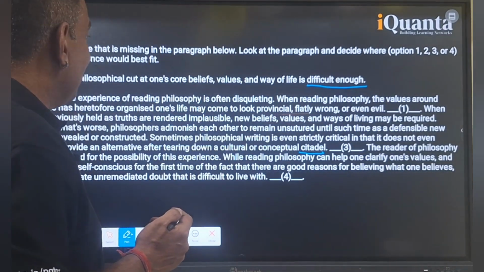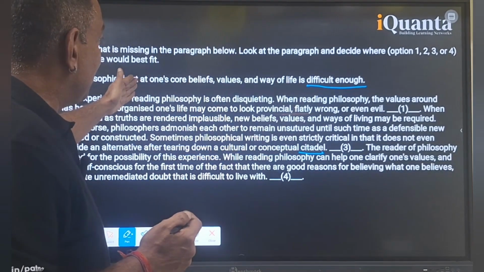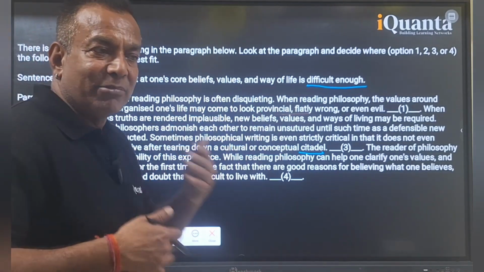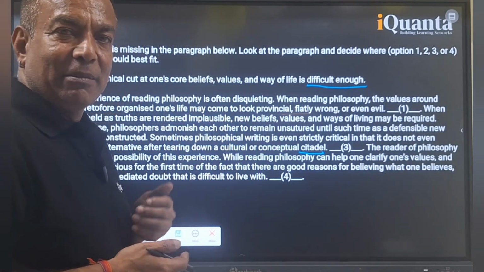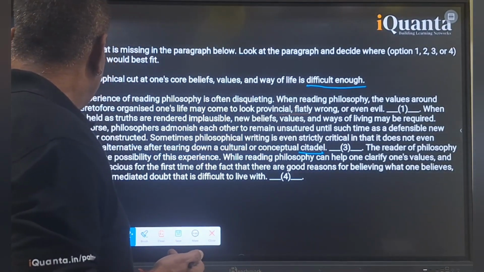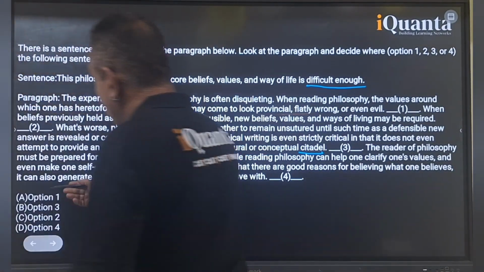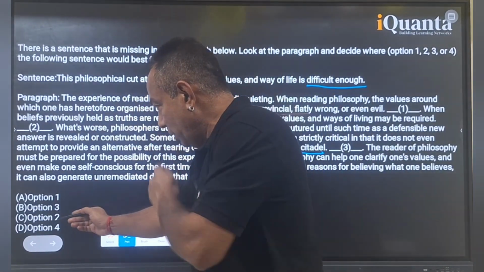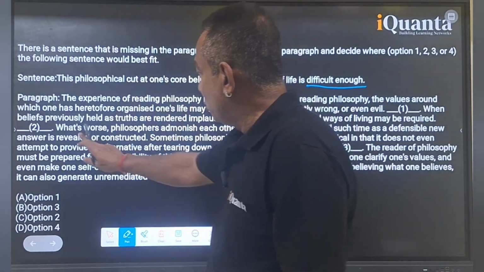So it's saying that the cut was obviously difficult enough, but then there's obviously no remedy to it, and obviously you are not finding a solution to the problem. So the best thing would be, here we have 4 options: A option 1, B option 3, C option 2, D option 4. This is option 2.